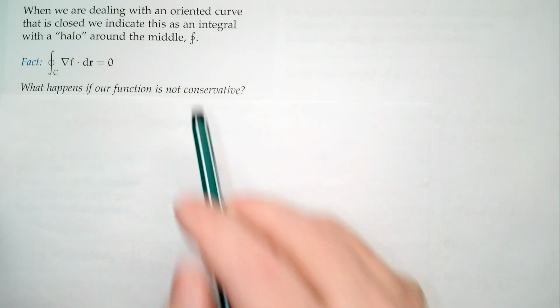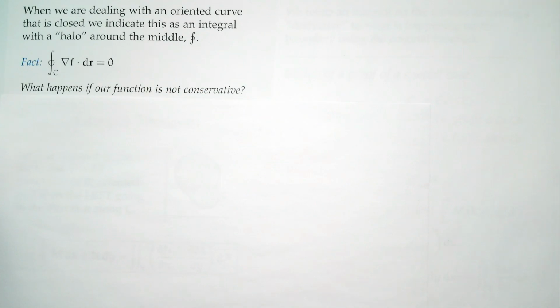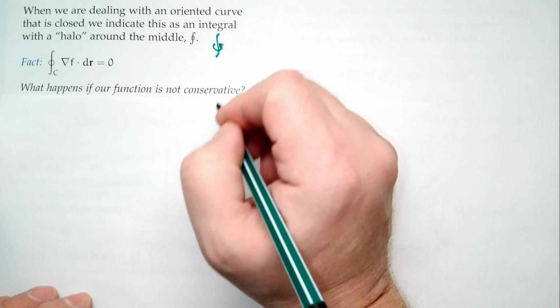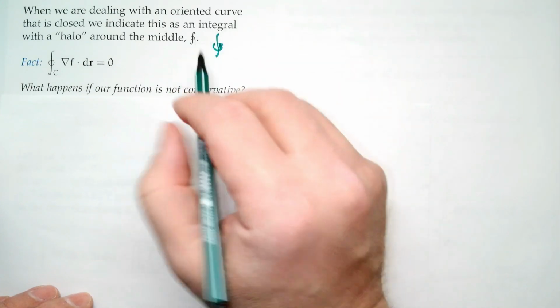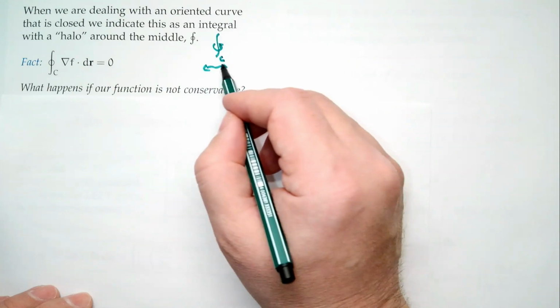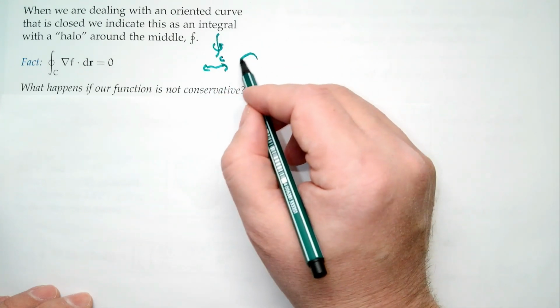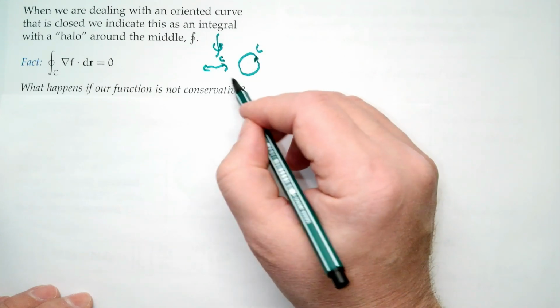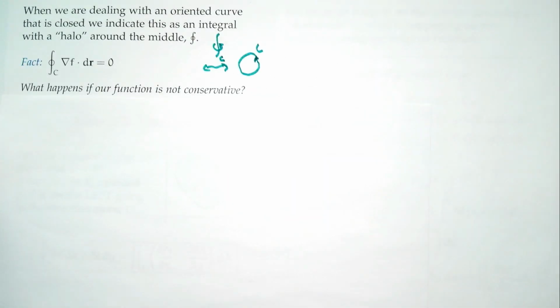So you'll see there's a little circle here. Sometimes when we're writing it down, we'll say integral, and we'll put a little loop around it. When you see this notation, it means that there's a curve that looks like this. In other words, it starts and stops at the same point.